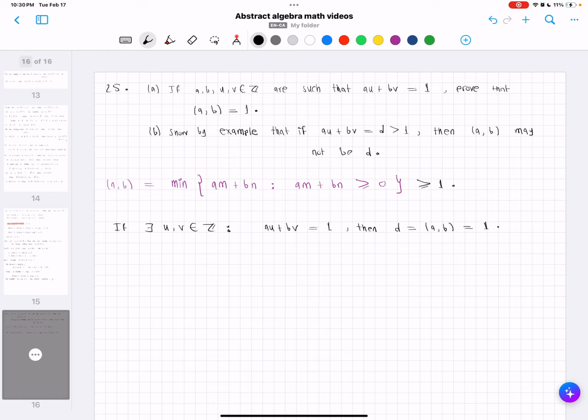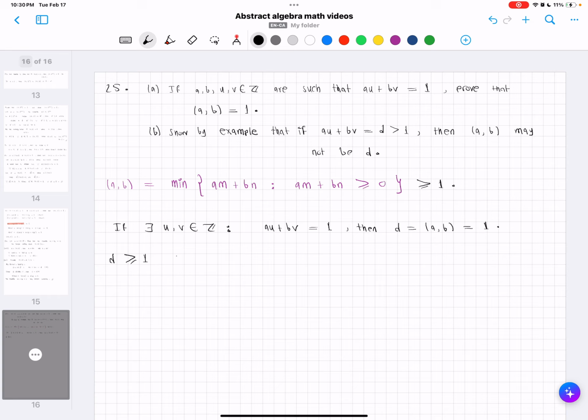Or if you want to be very, very pedantic about it, you have that D is bigger than or equal to 1, by assumption, because we know that the GCD of any numbers is bigger than or equal to 1.